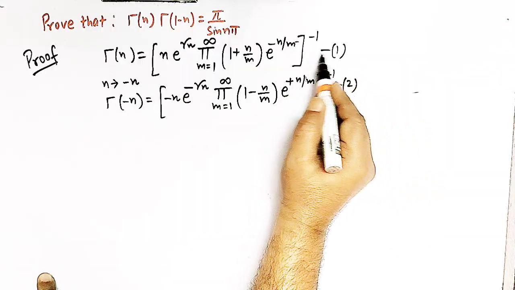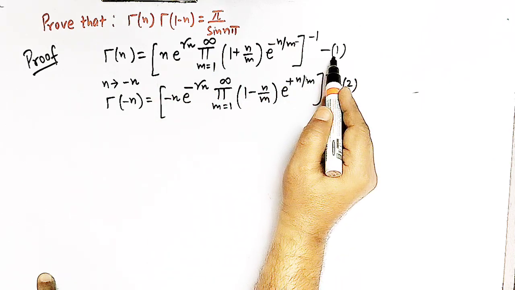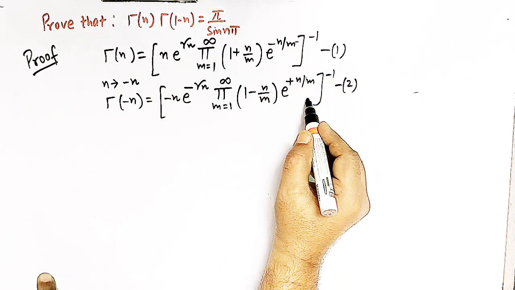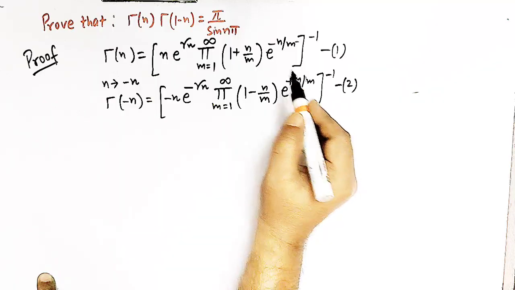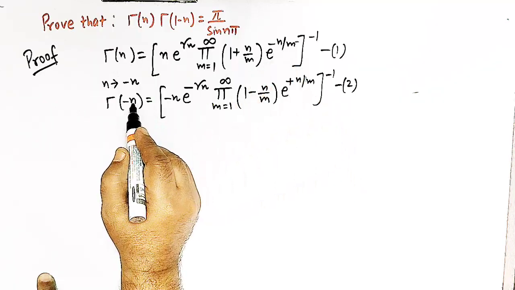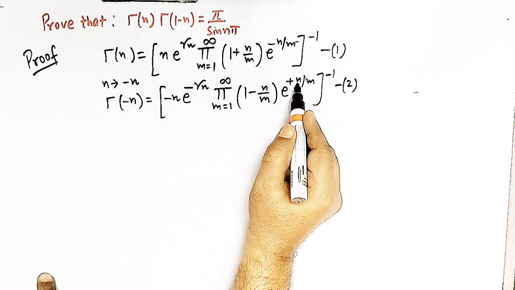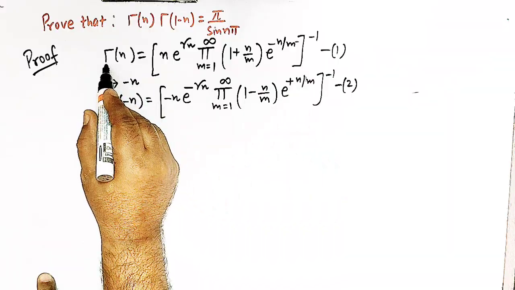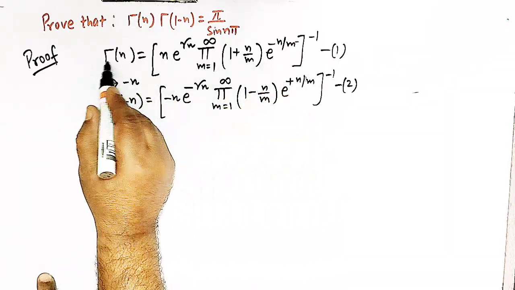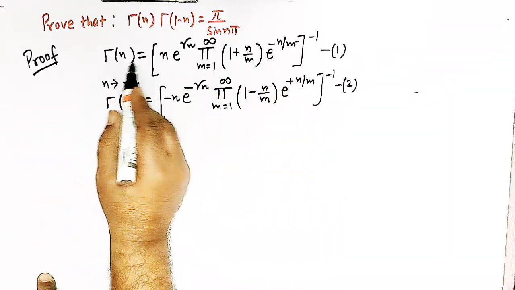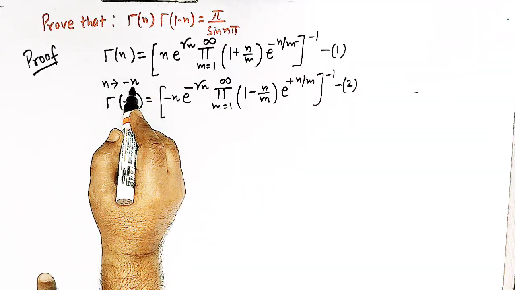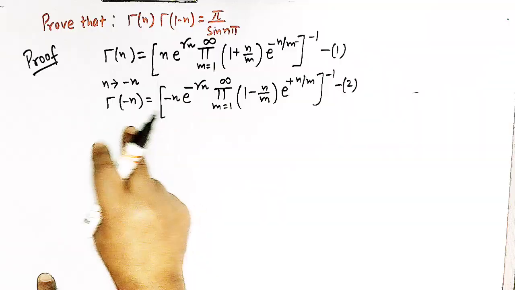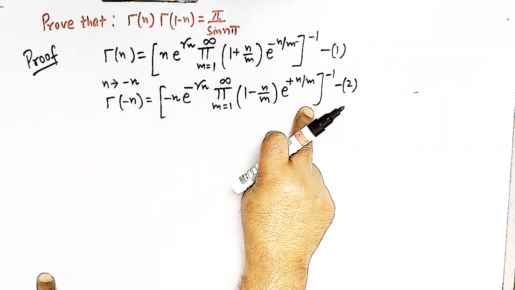So we'll take the first expression as equation number 1 and this expression as equation number 2, and here we have the positive sign because we are replacing n by minus n, right? So here we have the definition of gamma function given by Weierstrass, and replacing n by minus n in this expression, we have obtained this equation, right?